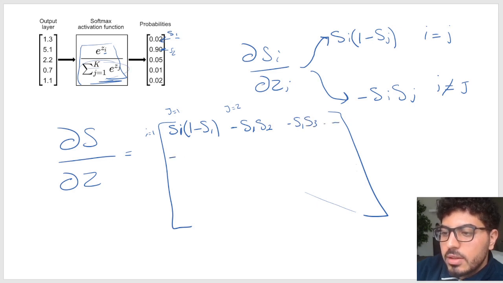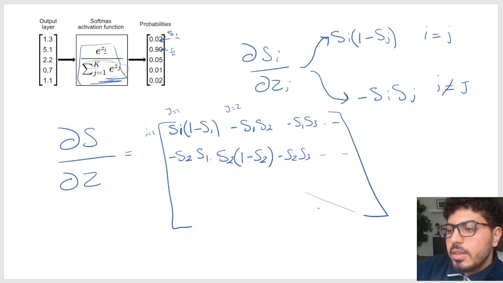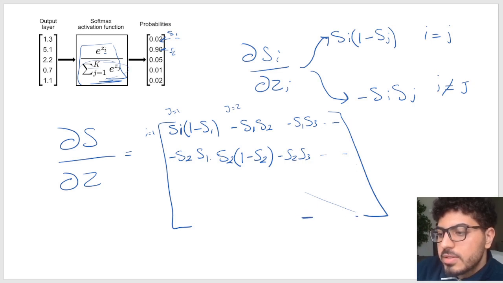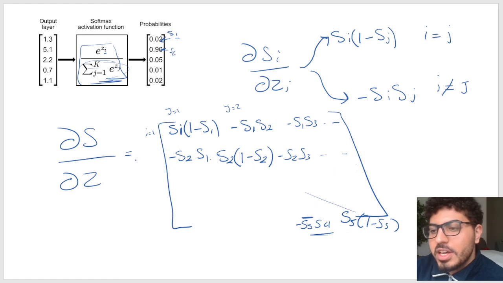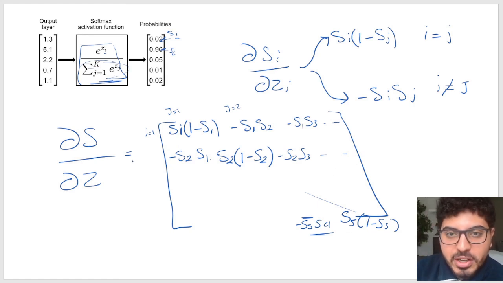Here it will be negative S2 S1, and then the second element is a diagonal element, so it will be S2 multiplied by 1 minus S2, because i and j are both equal to 2, and then the off diagonal elements will be negative S2 S3 and so on. Here this is the last element. It will be S5 multiplied by 1 minus S5, and the element before it will be negative S5 S4. And this is how your Jacobian of the softmax function will look like.